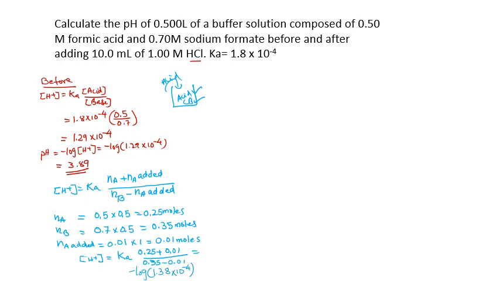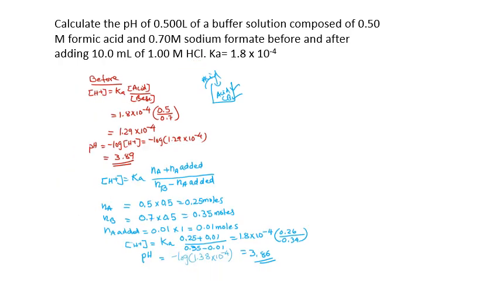So Ka is 1.8 times 10 to the power negative 4, and we can simplify this as 0.26 divided by 0.34. So we will have 3.86 as pH. After finding H plus, you can calculate the pH. So we will get that answer as 3.86.